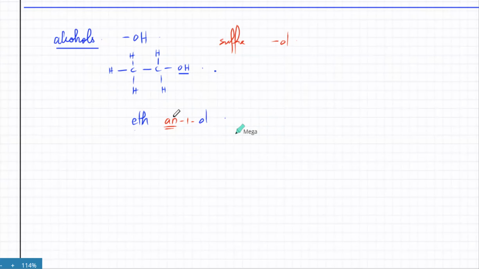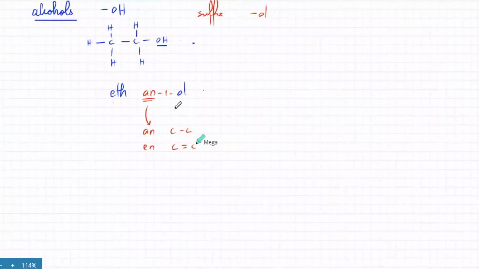And the middle part, the AN part. If it's AN, that means it's a saturated molecule, carbon and carbon, all single bonds. If it turns out to be having a double bond, then it will change into an EN. So make sure, and this would be applied to every molecule from now on.